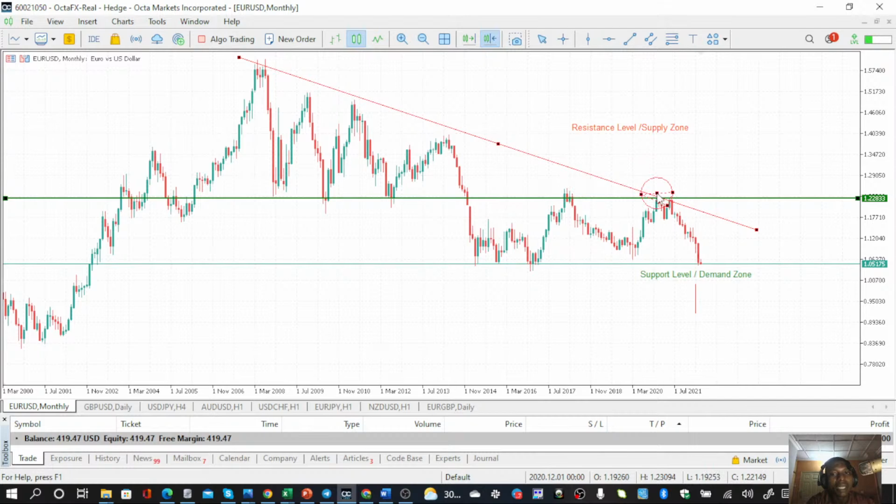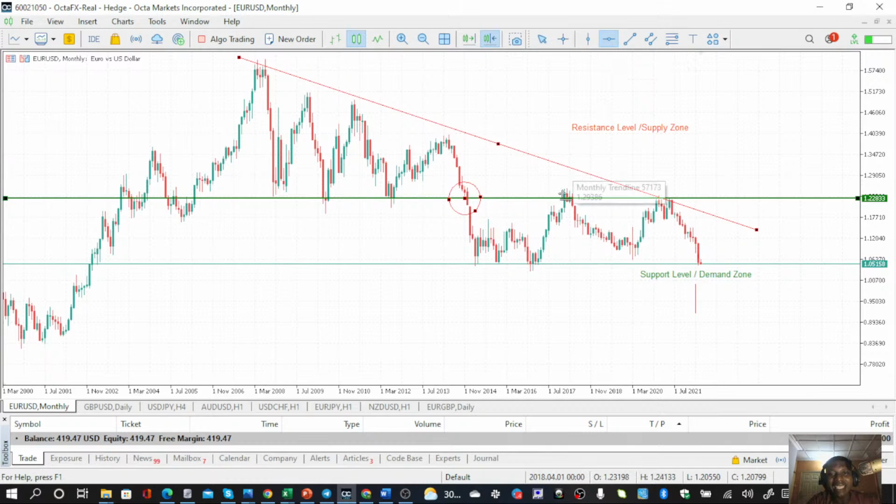Price resisted at this level and came down, went up again, resisted at this level and came down. Now we've identified this level as support level, and this level as resistance level.